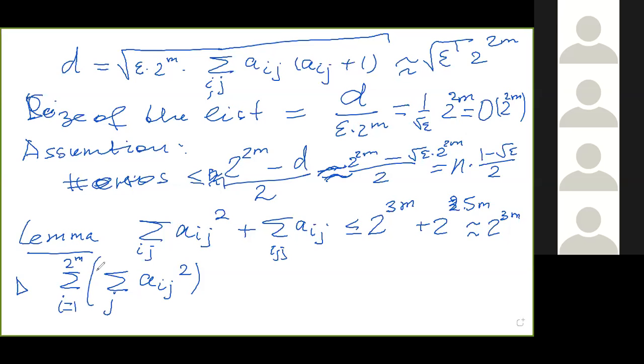So for each i, we will upper bound the sum over j's, using the fact that actually it was defined as a difference, as the number of differences between a certain string and different code words.